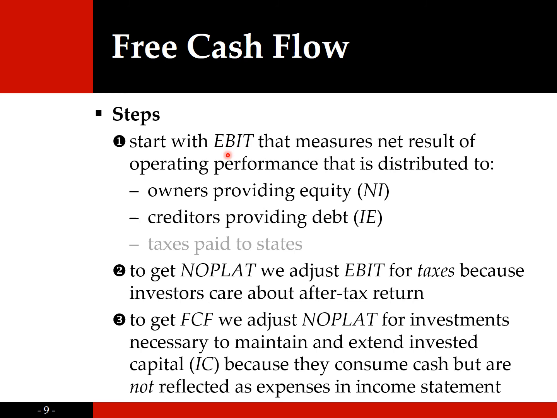And therefore we will need to make adjustments for them. So in other words, what we do in these 3 steps is that we convert a before tax operating income number to an after tax operating cash flow number.